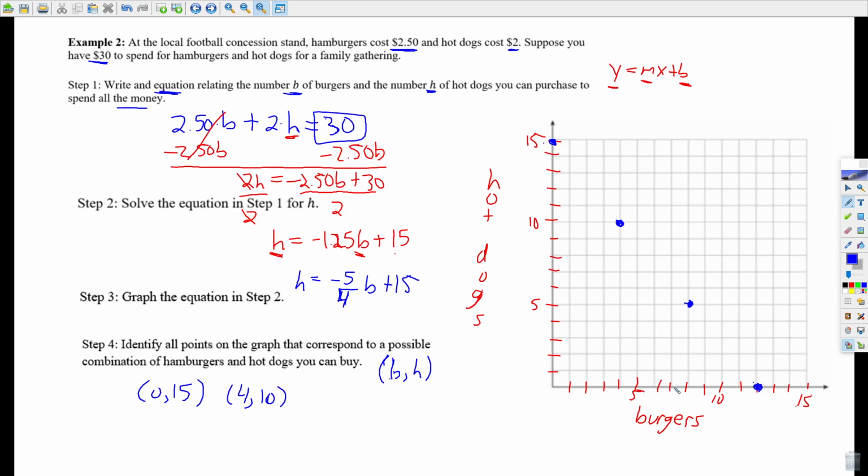We could do 6, 7, 8 burgers and 5 hot dogs. And the last combination would be only burgers. We could do 12 and then 0 hot dogs. So these are actually the only combinations you could possibly have of hamburgers and hot dogs to spend all $30. The only ones you could have. And it's all based on this graph.